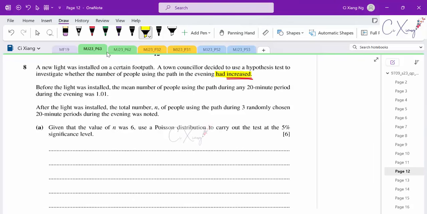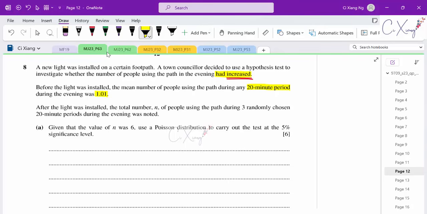Before the light was installed, the mean number of people using the path during a 20-minute period is 1.01. You can see that this is the time interval, and this is the mean, so it has a Poisson distribution structure.